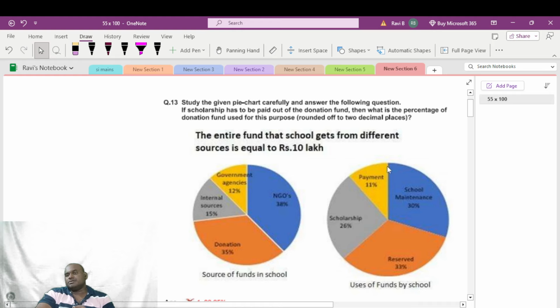The same 10 lakh is spent for different purposes, out of which scholarship is 26%. So 26% is how much percentage of 35%? So 26 by 35 into 100.